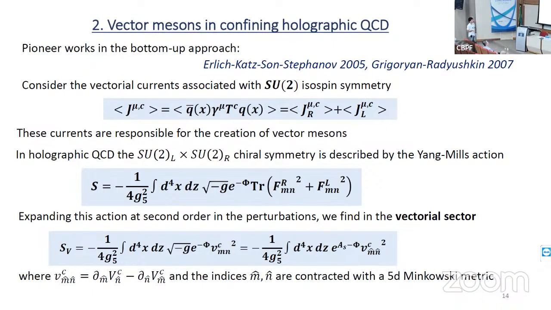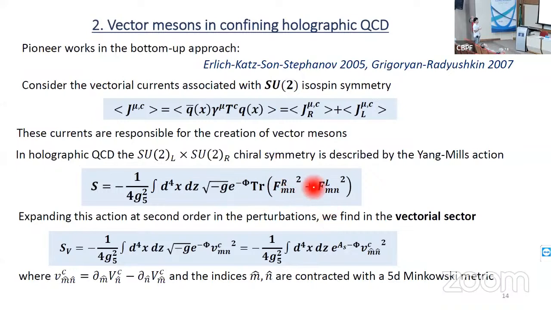So about vector mesons. The idea is now to incorporate vector mesons. The question is, what is the current that is responsible for vector mesons? What is the operator? Is this a flavor current? And this flavor current you can describe also in terms of right and left currents. And in holographic QCD, what you do is to map these currents into gauge fields, non-abelian gauge fields, left and right.